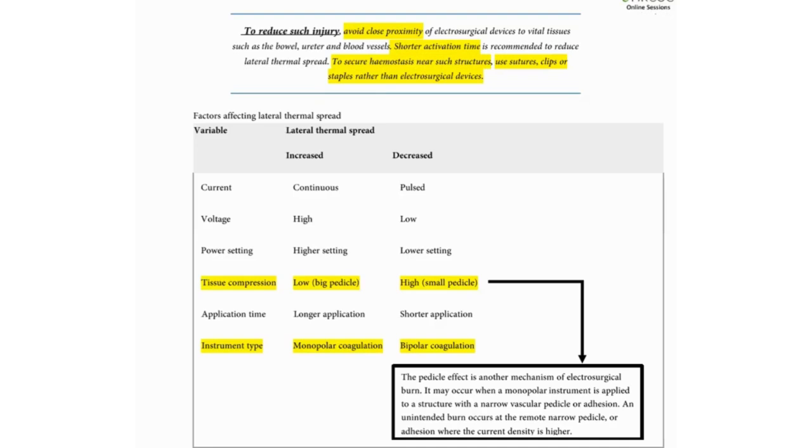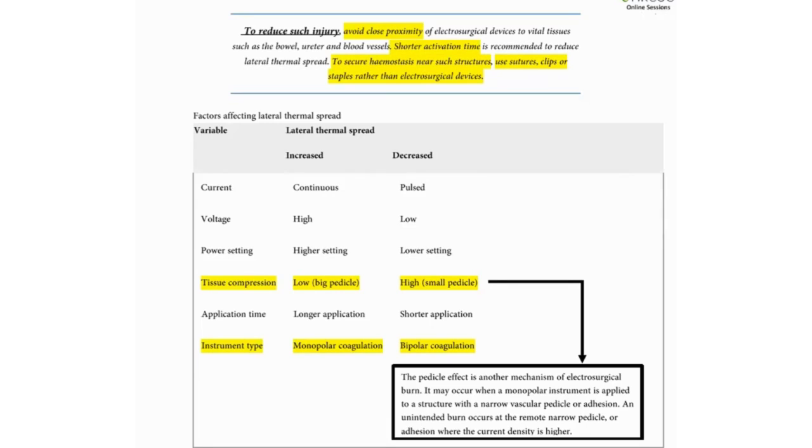For example, in the vaginal vault, in the scenario we have, it's not the best thing to use diathermy. Use staples, use sutures, use a clip, because you know that a ureter is running there. If you have a bleeder and it's not controlled easily, use sutures, not diathermy.